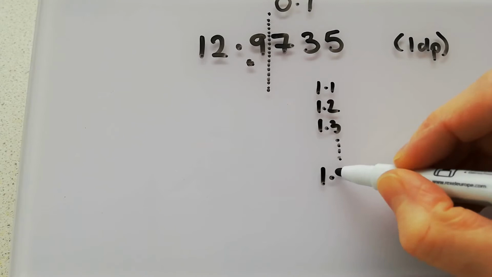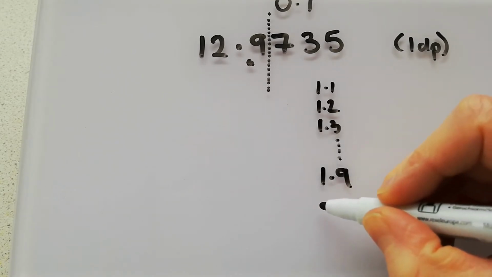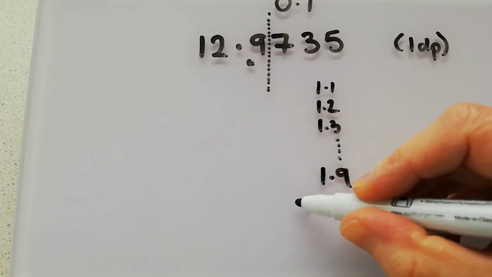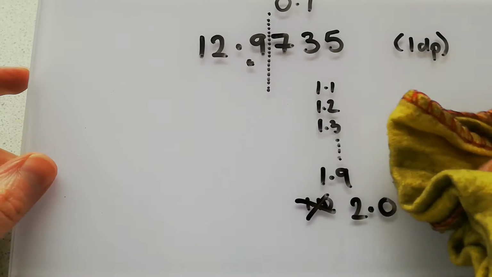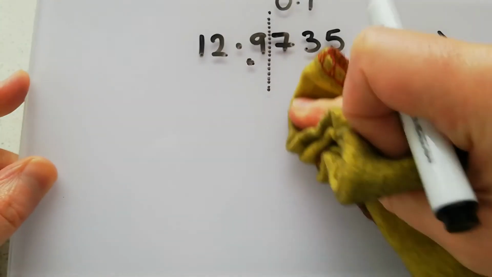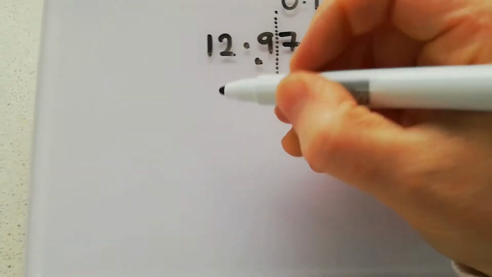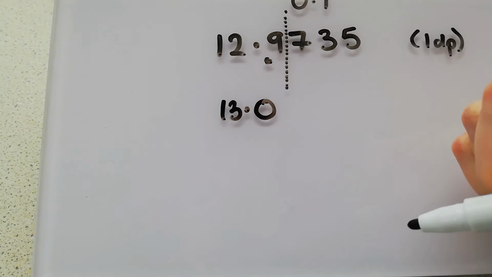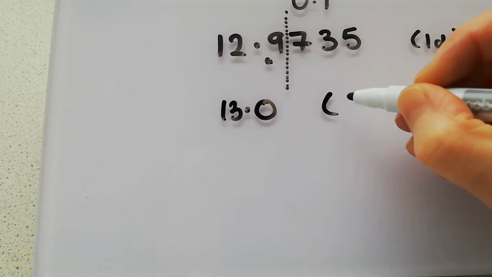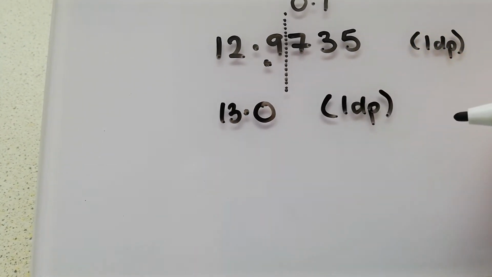And then after it gets to 1.9, it would go not to 1.10, but it would go to 2.0. That's what's happening here. So when we kick that 9 up 1, what actually happens is it moves on to a whole new number. So it moves to 13.0. So to 1 decimal place, 12.9735 is actually 13.0.